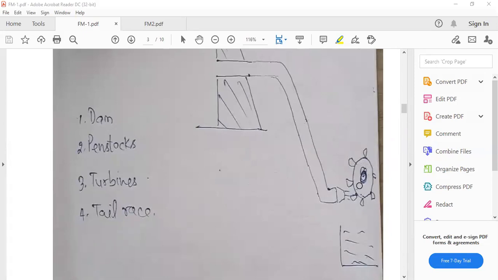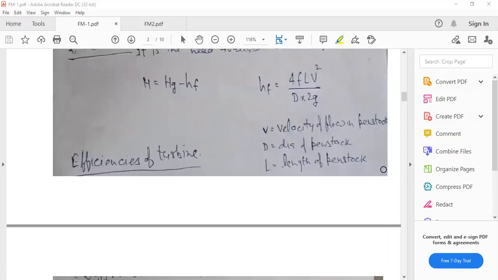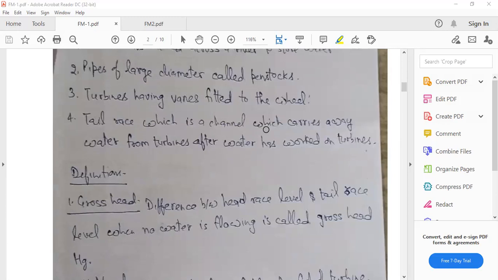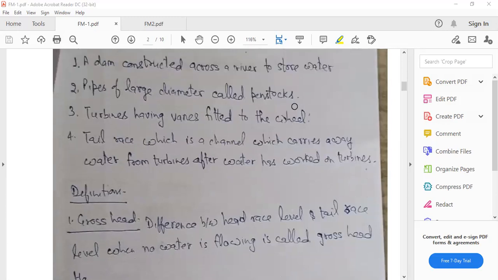This is a turbine which has a circular body, and on this body the various blades of different shapes are fitted. Okay, when water impinges on these blades of the turbine, the blades start rotating, and thus water energy is converted into mechanical energy. So turbine is another important constituent of hydroelectric power plant.